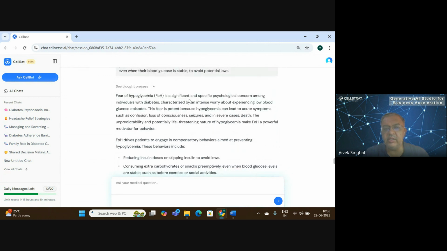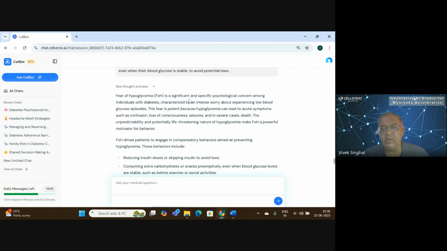Fear of hypoglycemia is a significant and specific psychological concern among individuals with diabetes, characterized by an intense worry about experiencing low blood sugar. Because low blood sugar, as I said, can lead to life-threatening situations. So very dangerous situation to be in. This fear is potent because hypoglycemia can lead to acute symptoms such as confusion.